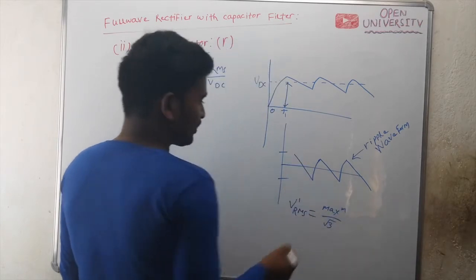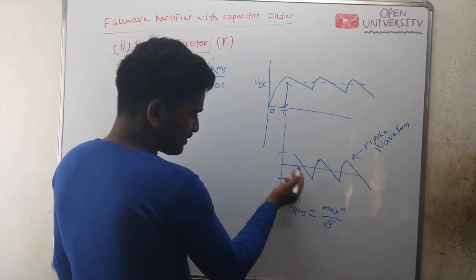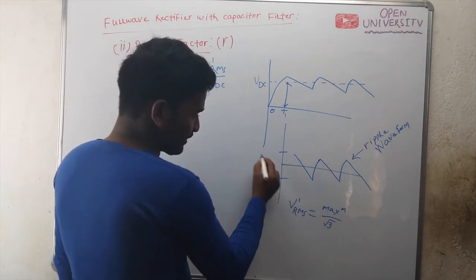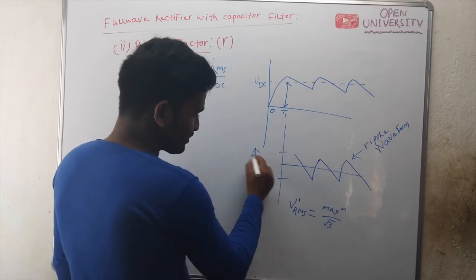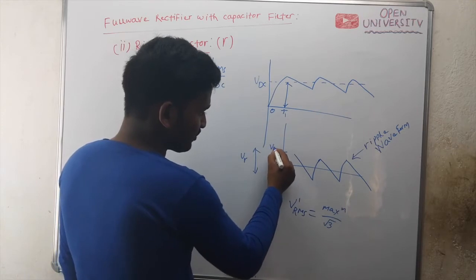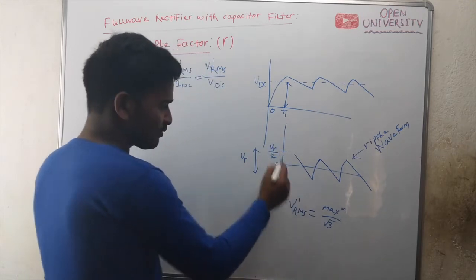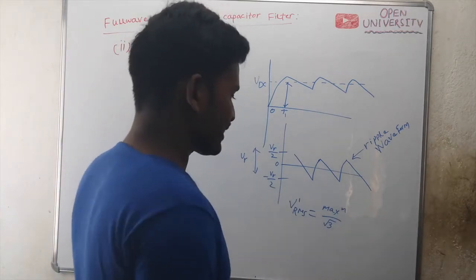So what is the maximum value? What is this value when the capacitor discharges by an amount, how much? VR. This peak to peak value is nothing but VR. So what will be this value? If this is 0, then this will be VR by 2 and this will be minus VR by 2. So maximum value is VR by 2 and minimum value is minus VR by 2.